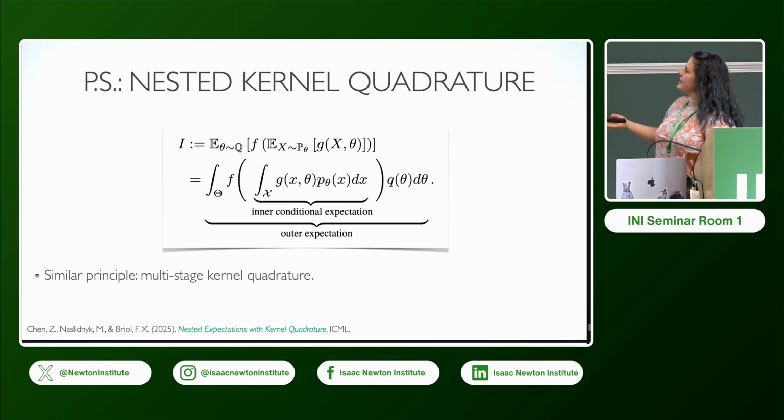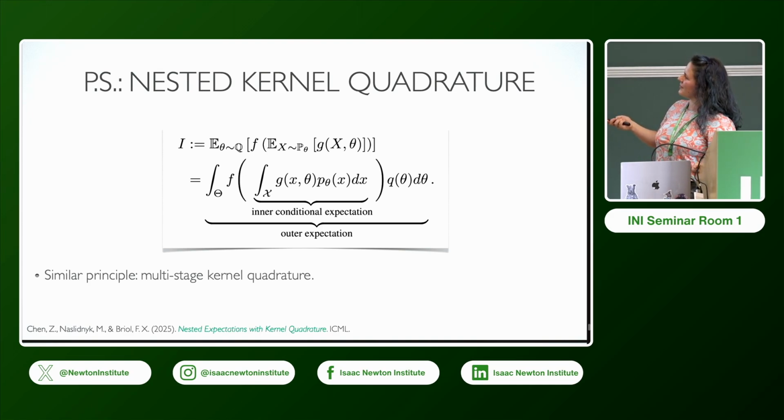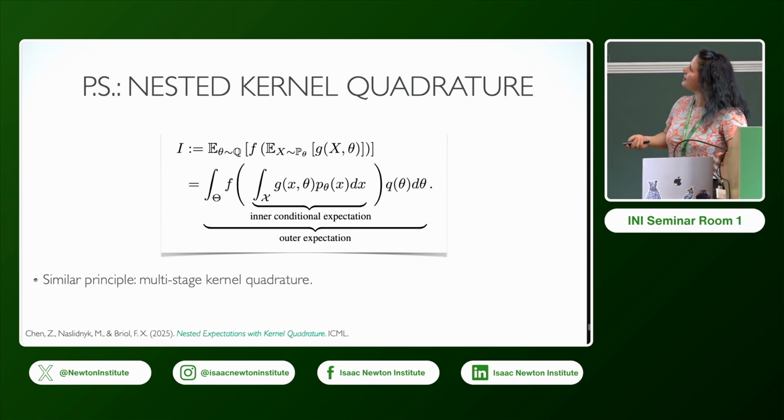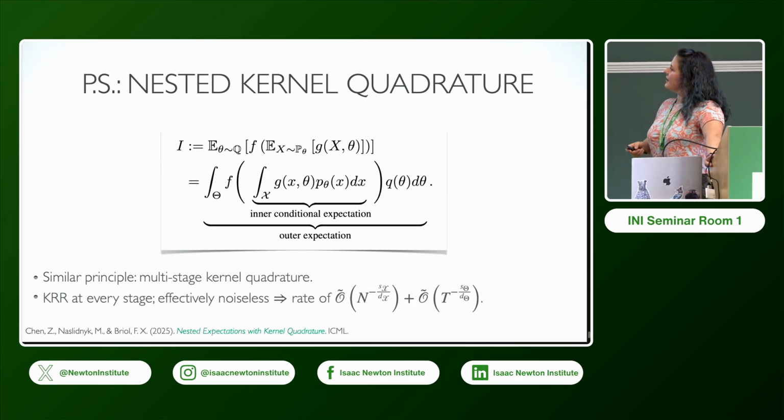The estimator follows a similar principle of a multi-stage quadrature. Here it's really kernel quadrature rather than Bayesian quadrature, because we're forgetting the variance estimate, it being a little unwieldy in this scenario. Again, essentially conducting kernel ridge regression at every stage. Of course, there is noise in the approximations.